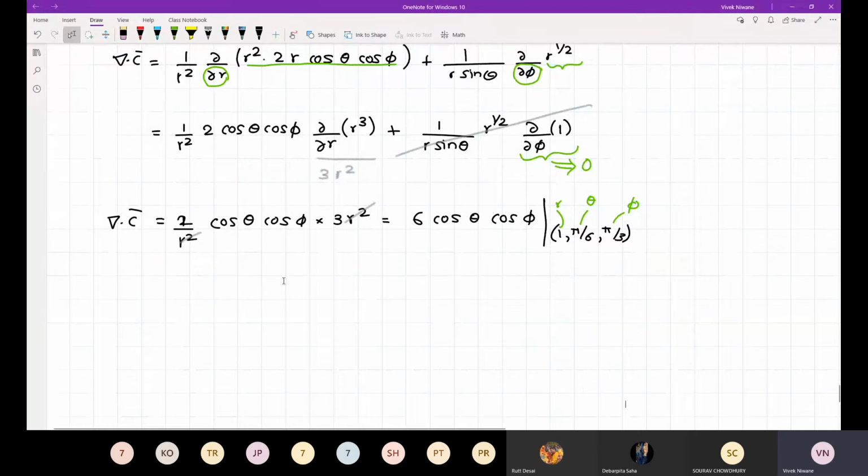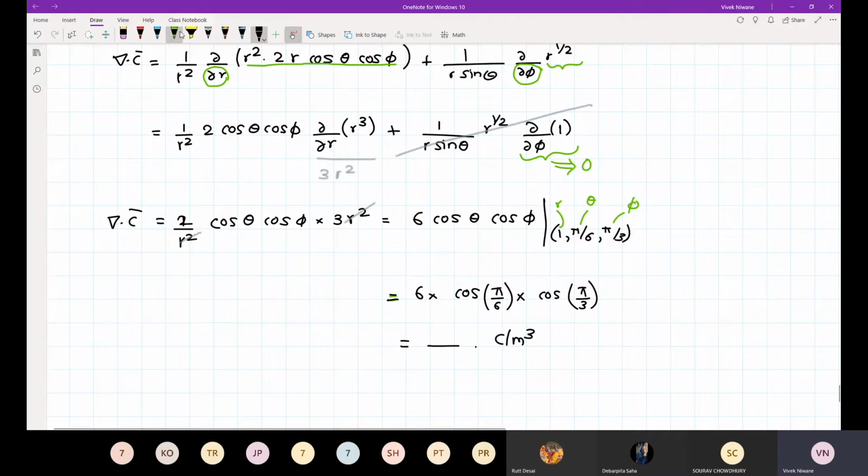Now we can write the given expression as 6 into cos of pi by 6 into cos of pi by 3, and you will have your answer here. That answer will be in terms of coulomb per meter cube.